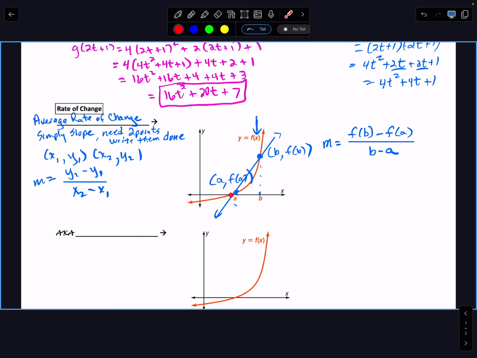But in this case, for this change in x from here to here, it only goes up this little bit. So its rate of change isn't as fast as it is from here to here. When x changes from here to here, y goes from here to here. So it's going up a lot more quickly on the last half than it does on the first half of that interval. It goes slow, but then it speeds up.